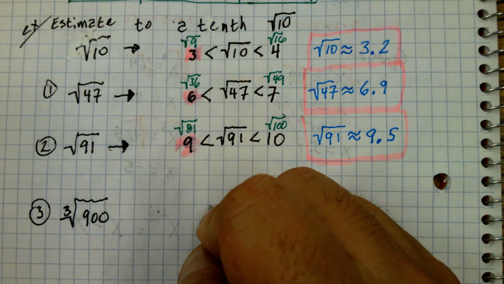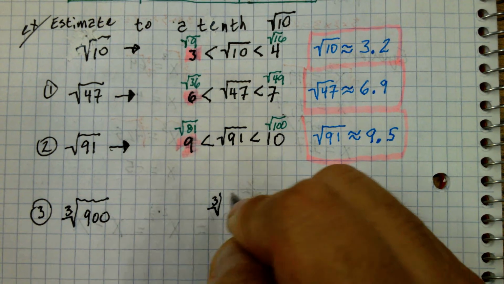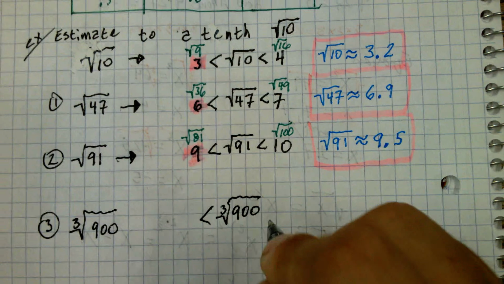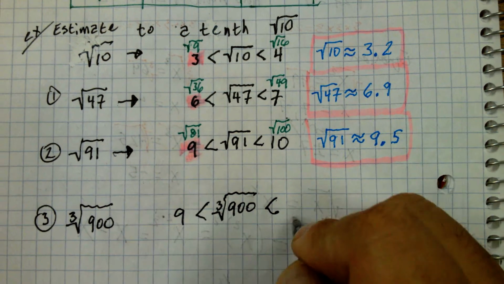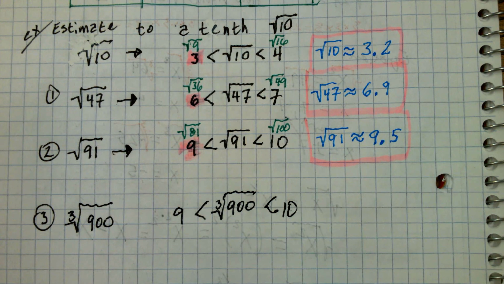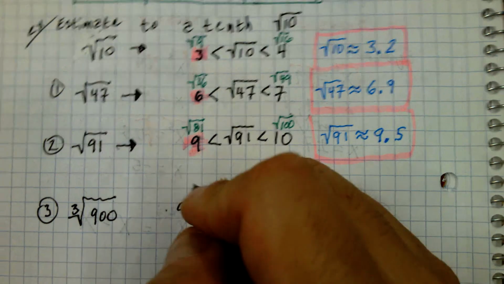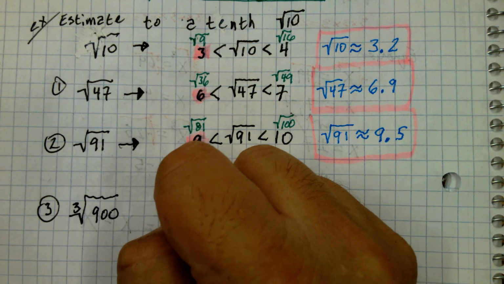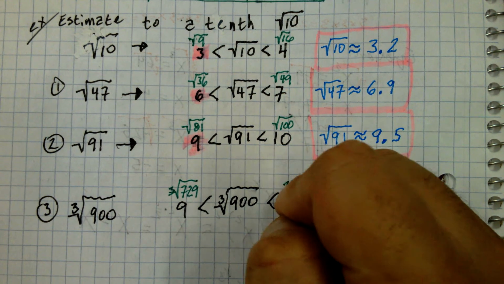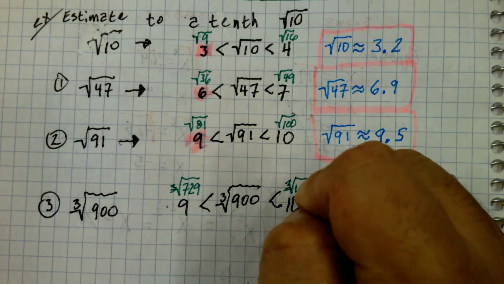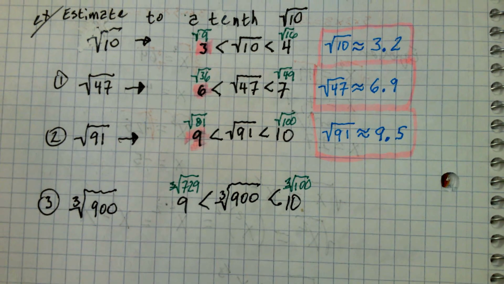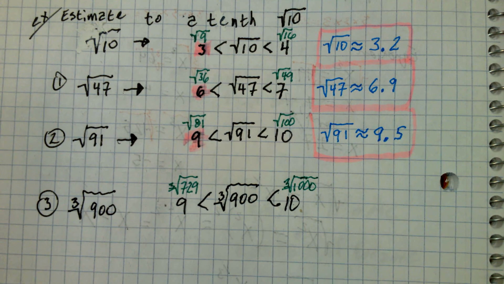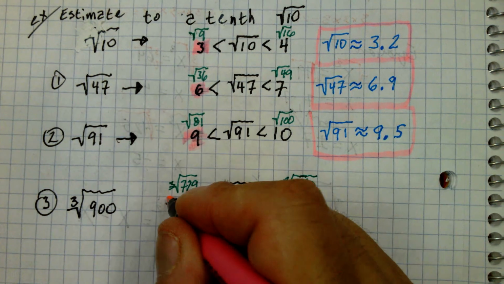So the cube root of 900 is between 9 and 10, and that would be the cube root of 729 and the cube root of 1,000. Oh, 1,000, not 100. So our answer is going to be 9 and a little more.